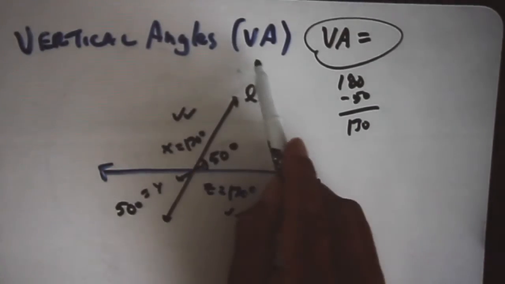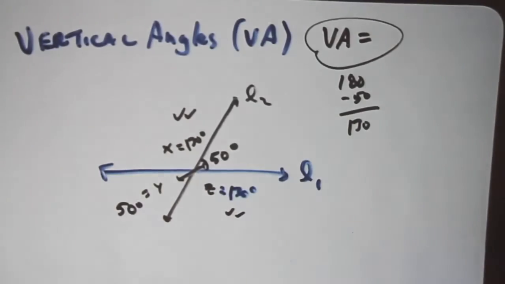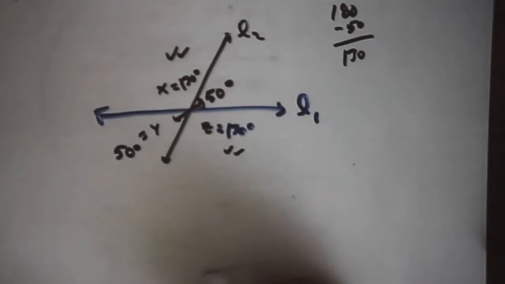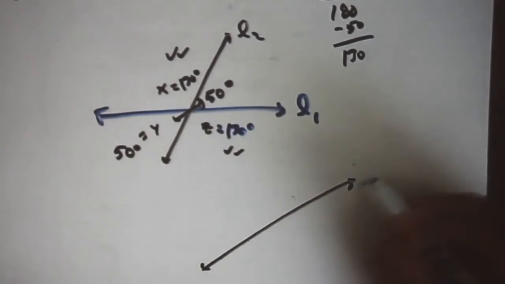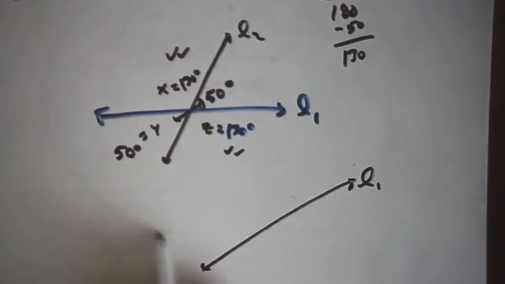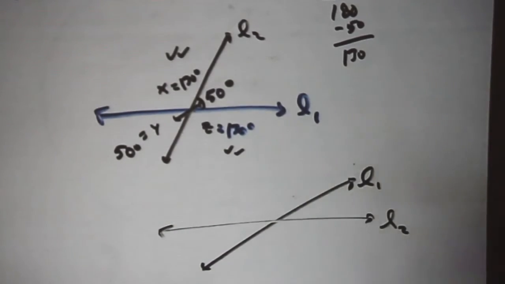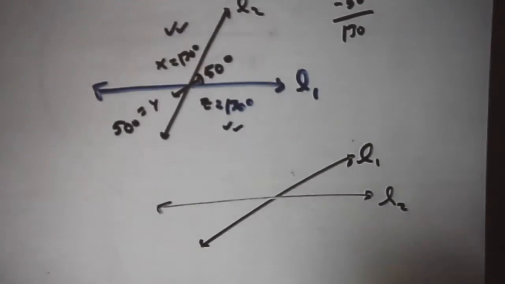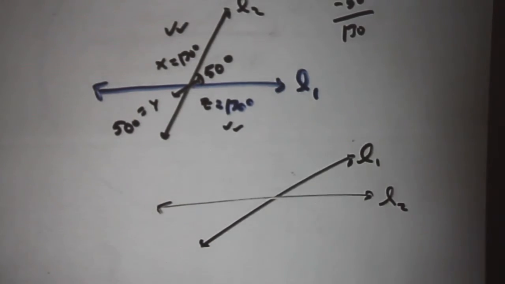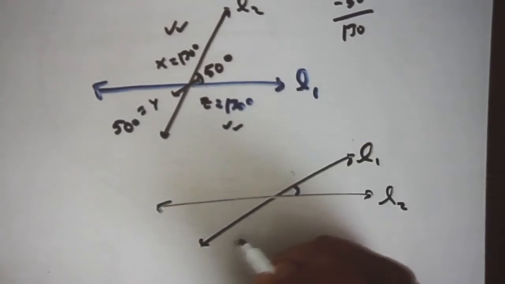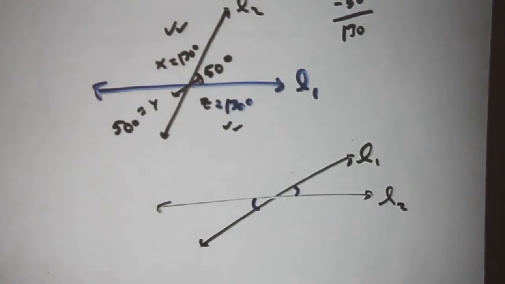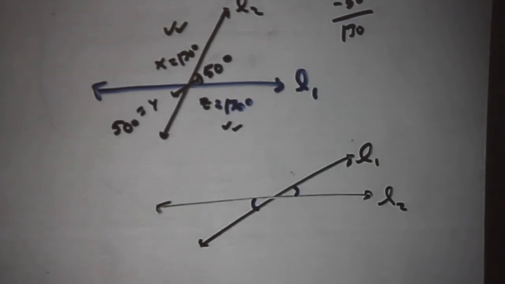Again, VAs for short, VAs are always equal to each other, which means for any two lines that intersect, let's say we have a line like this, we'll call this line 1, and another line that looks like this. Doesn't matter how they're drawn or oriented, as long as they intersect, you're going to create two pairs of vertical angles. This angle here is equal to that angle there, and that's why we mark it in geometry with one little angle symbol. So those are equal.